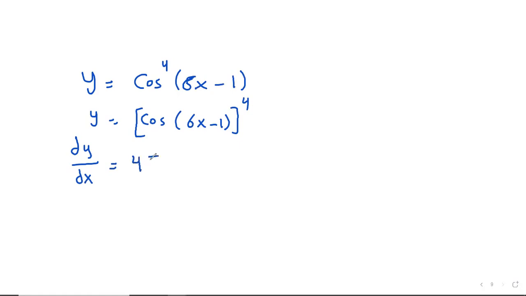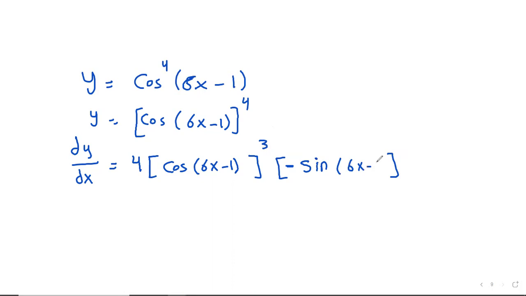It will be 4, the power rule, and you write what is written here: cosine 6x minus 1 all raised to the power of 3 multiplied by the derivative of cosine 6x minus 1, which is negative sine 6x minus 1, multiplied by the derivative of the angle 6x minus 1, the derivative of what is inside the bracket, so multiplied by 6.